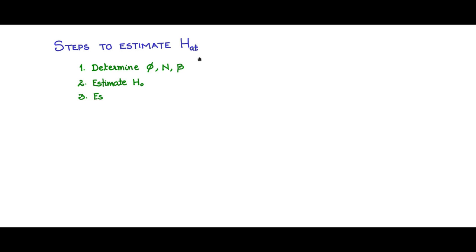We can also estimate HOT because we know the tilt angle, beta, and we need to estimate KT, the clearness index. This is the most important when you want to consider atmospheric effects, and KT is a function of latitude, the day number, the atmospheric or the climatic conditions on that day at the place.